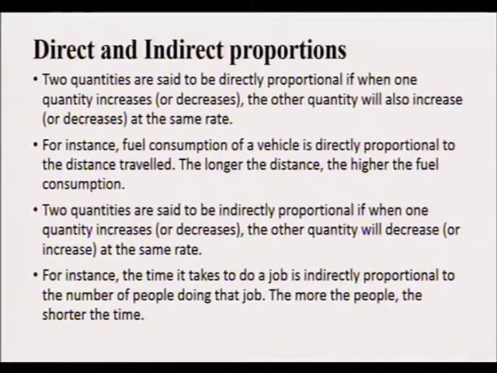So the time that it takes to do a job is inversely or indirectly proportional to the number of people that are doing that job. So the more the people, the shorter the time. So that's an example of indirect proportion.